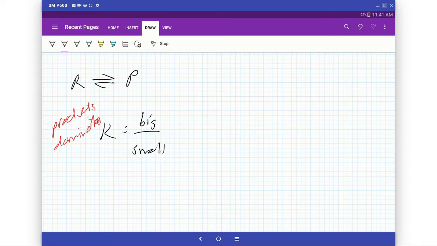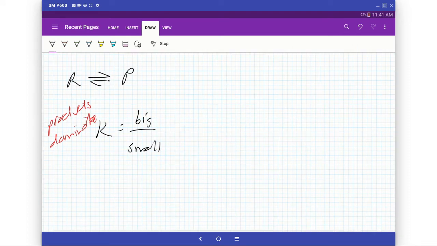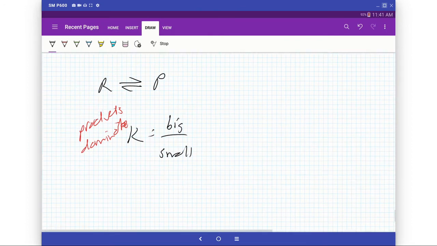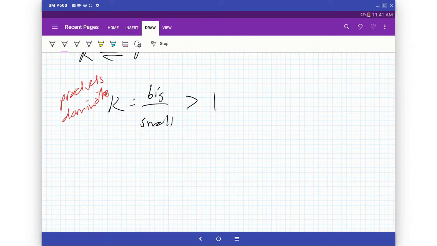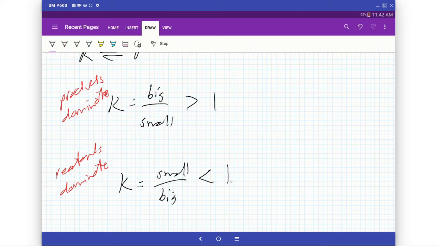And this value is, of course, greater than 1, big number over small number. And when the reactants dominate, K would be a small number over a big number. And that is less than 1. Yes. Good. Now, in the extreme, this small number ends up approaching 0.